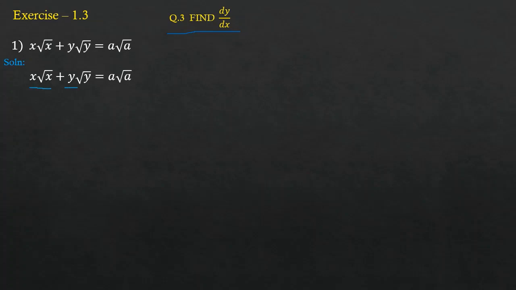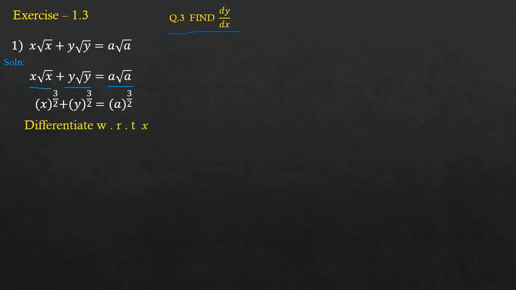Y root y can be written as y raised to 3 by 2, and a root a can be written as a raised to 3 by 2. So we modified everything. It's a very basic concept of indices. By using that rule we write x root x as x raised to 3 by 2, and similarly for y root y and a root a.